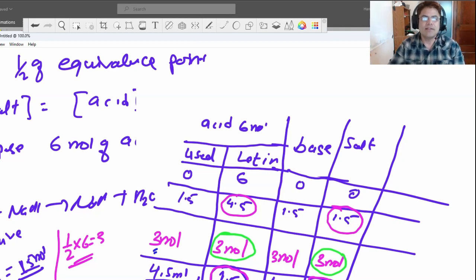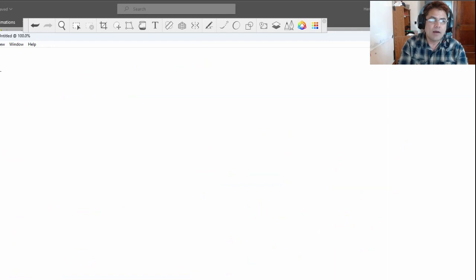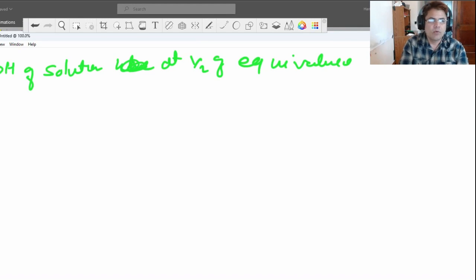Okay, it means that, according to what we learned last time, the pH of the solution at half of equivalence point is the pKa, right?